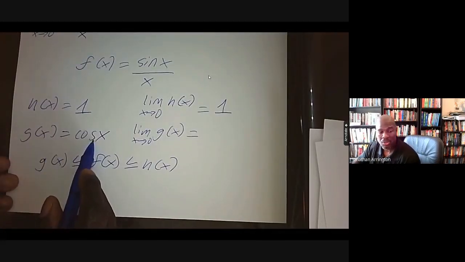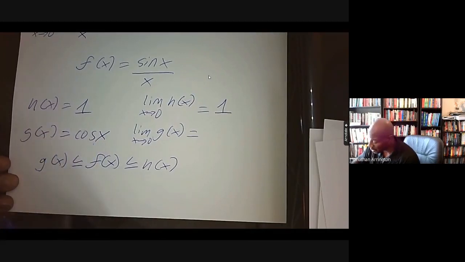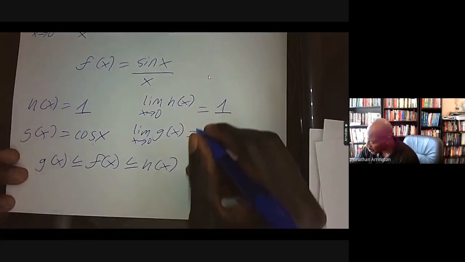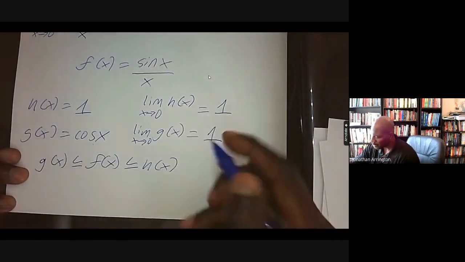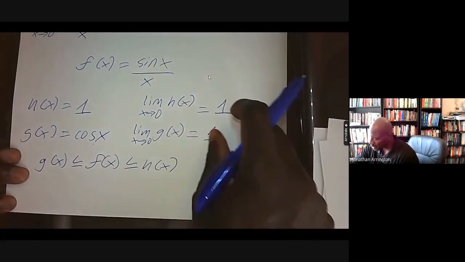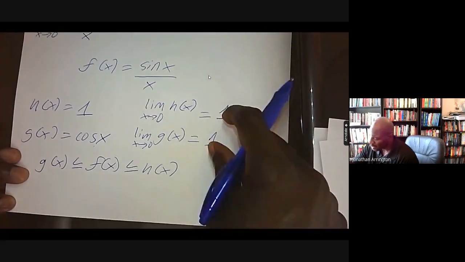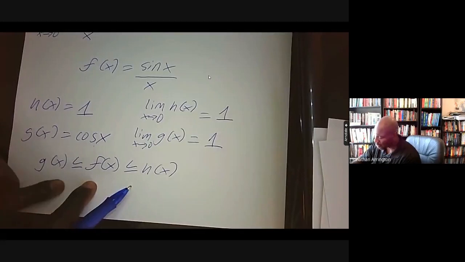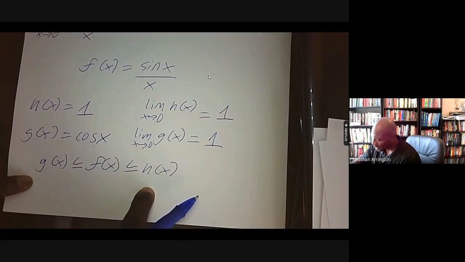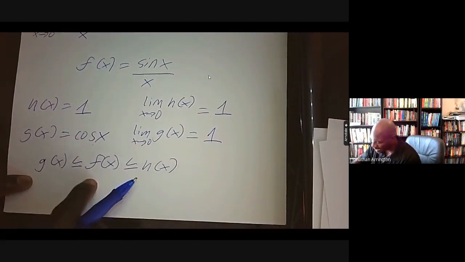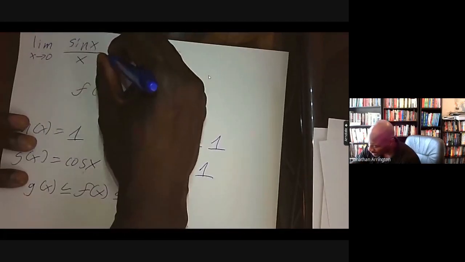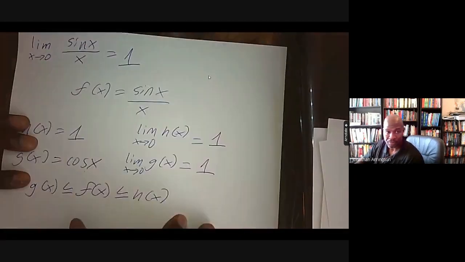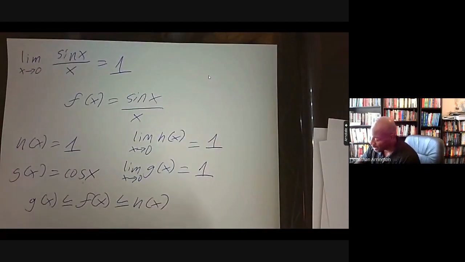Again, for polynomial and trigonometric functions, we can do direct substitution. So I'm just going to plug in 0 for x, and cosine of 0 is 1. So these two outside functions have the same limit. Since the limit of these two outside functions is 1, and this function is squeezed between the two, then the limit of this function as x goes to 0 has to be 1. So the limit of that function is 1.